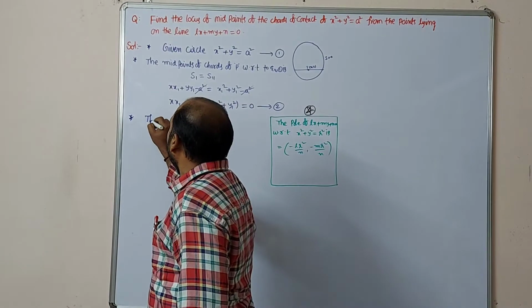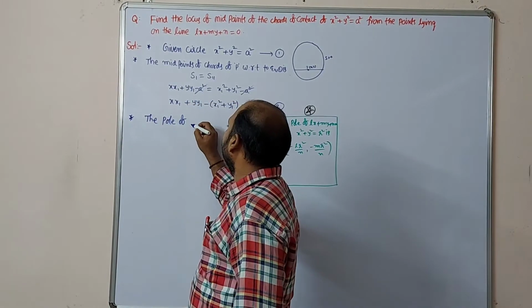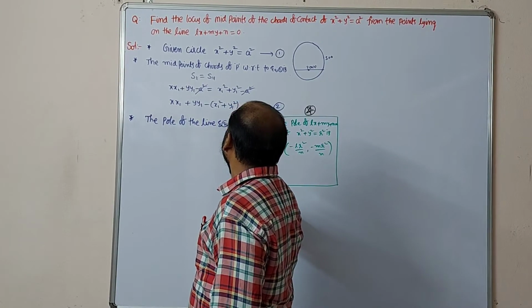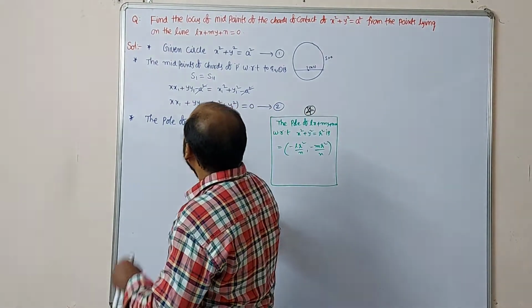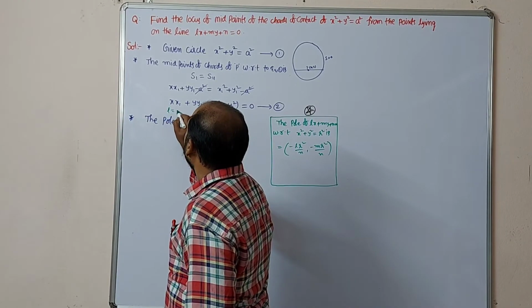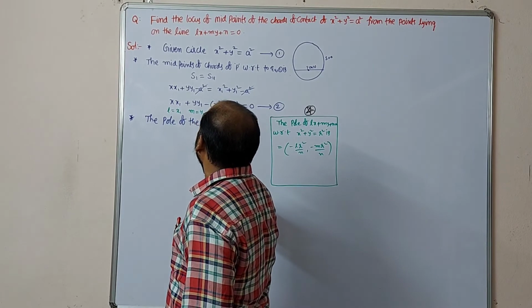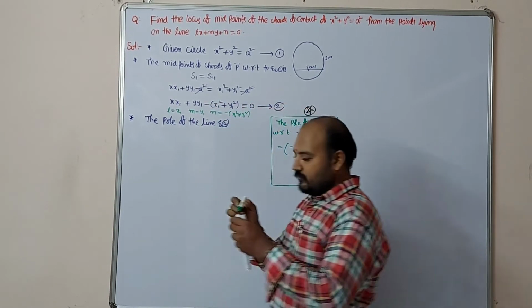the pole of the line, equation 2, compare with Lx plus my plus n. Here only I am writing. Compare with Lx plus my plus n, here L is equal to x1, m is equal to y1, n is equal to minus of x1 square plus y1 square.